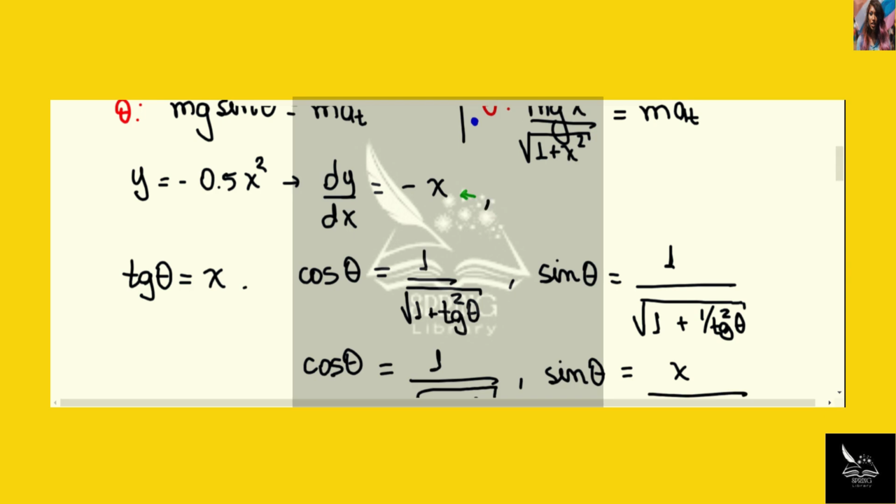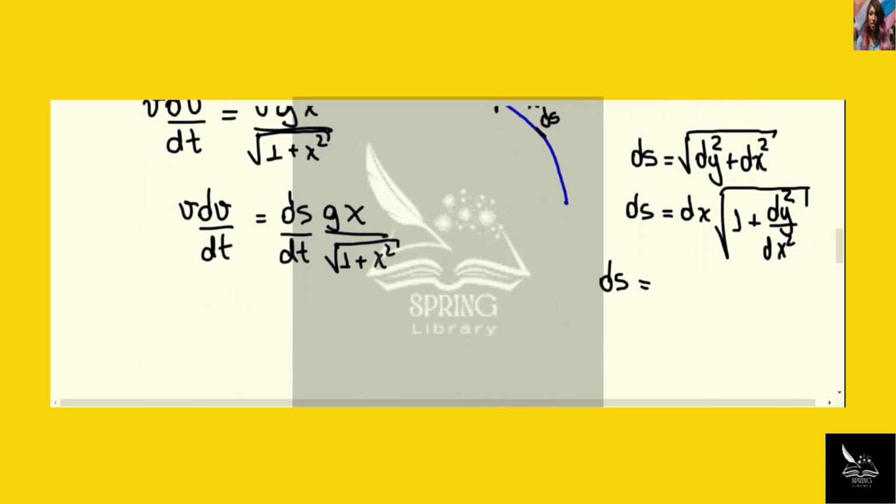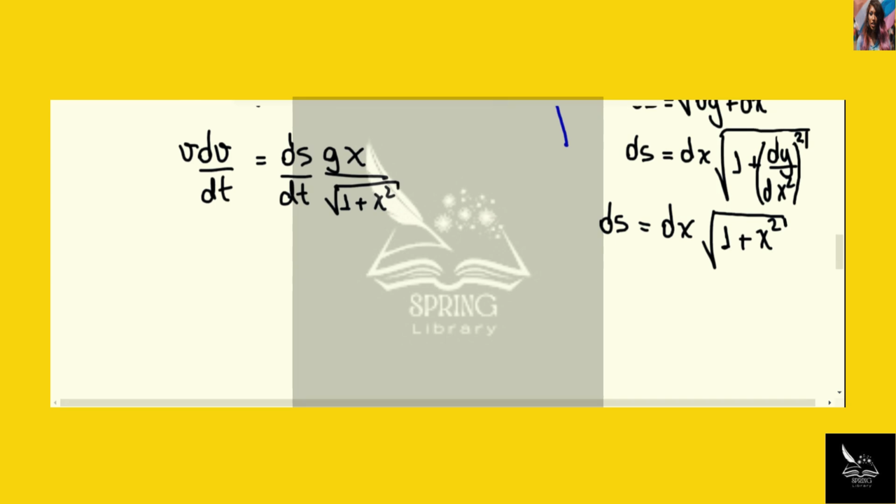So (dy/dx) squared is equal to x squared. And actually here, I forgot to use the parentheses. So now with the parentheses, I think everything looks tidier. So I have that ds is equal to dx times the square root of 1 plus x squared.